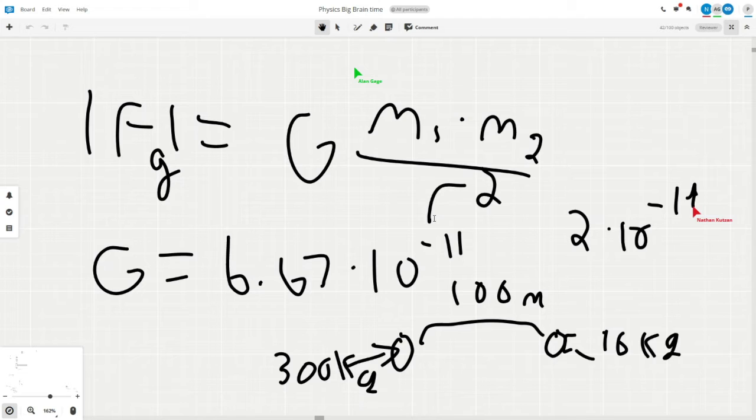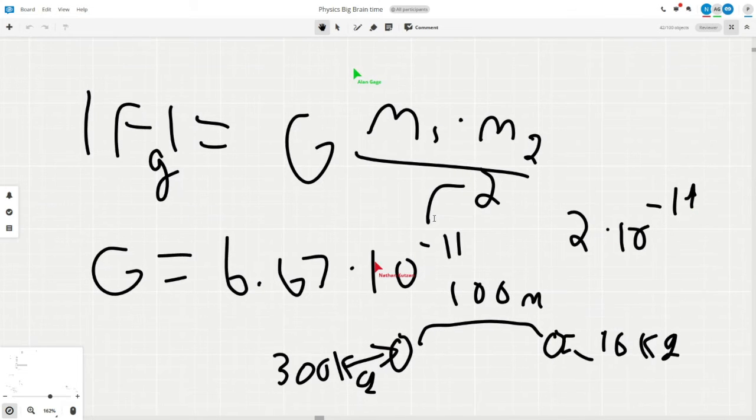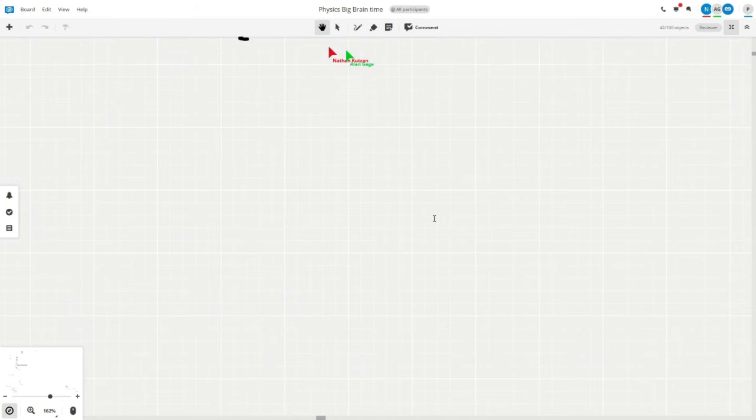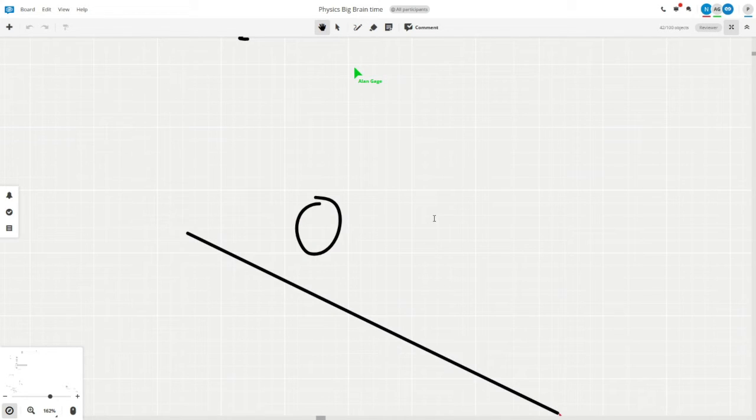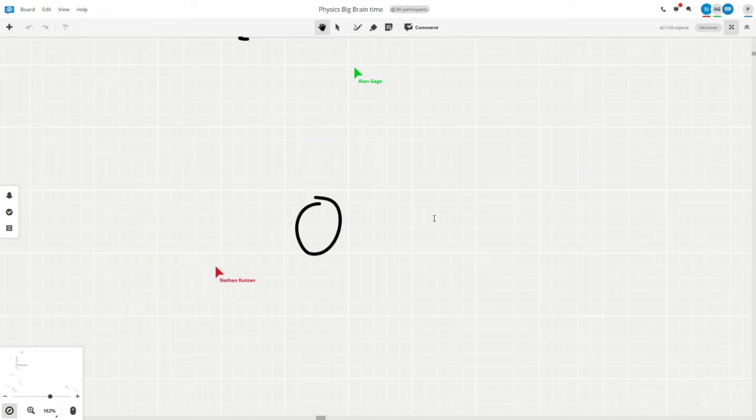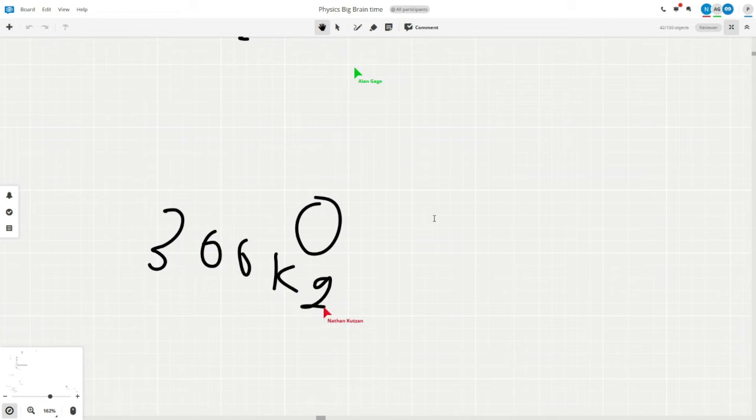So the other place this can be applied is somewhere over here. Actually, I'm going to move it. I'll write this down over here. So we have a planet that is, again, our 300 kilograms. And I, as a person, am standing 100 meters away from the center of the planet.